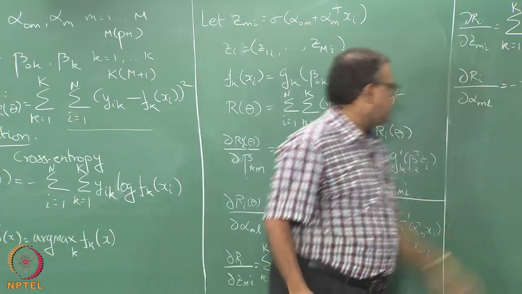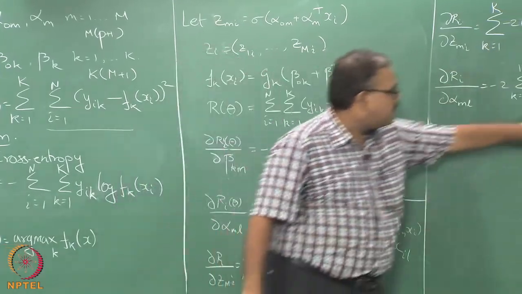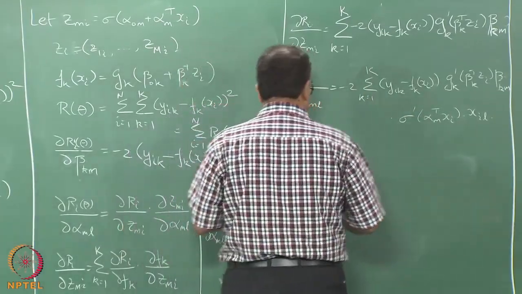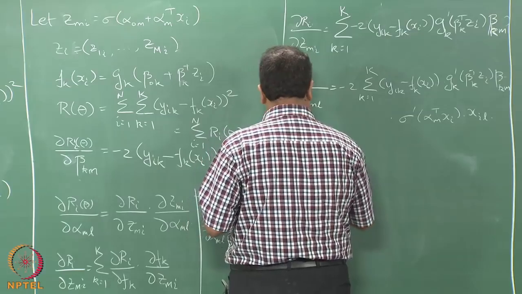So, I just took this and wrote it here, I took that and wrote it there, okay. I just took the product of the two terms, okay. So, what we will do now is just to introduce certain simplifying notations.